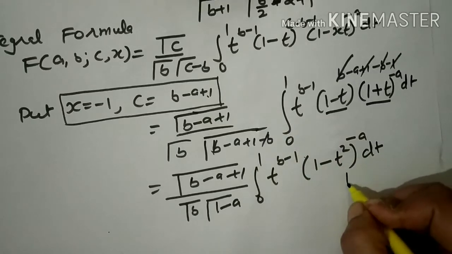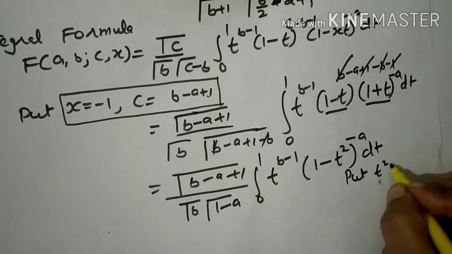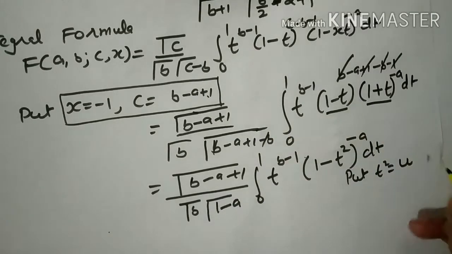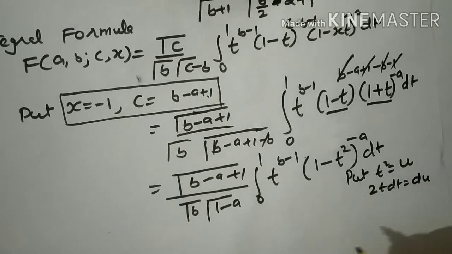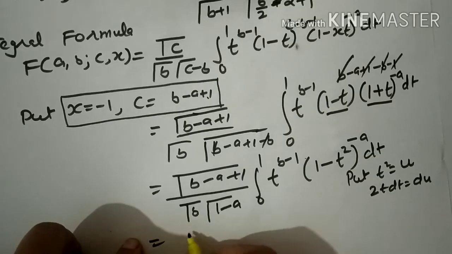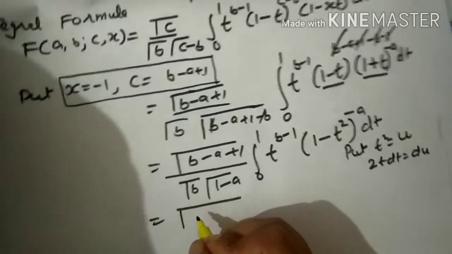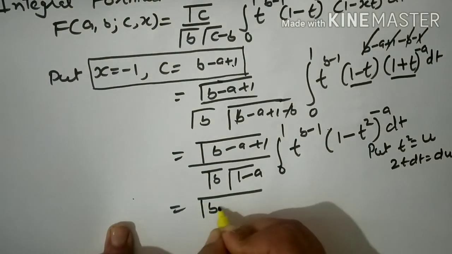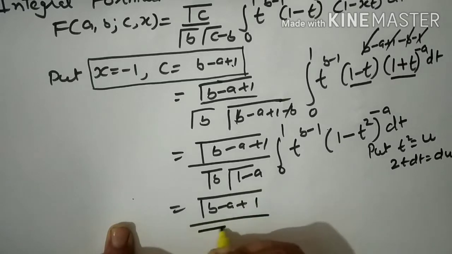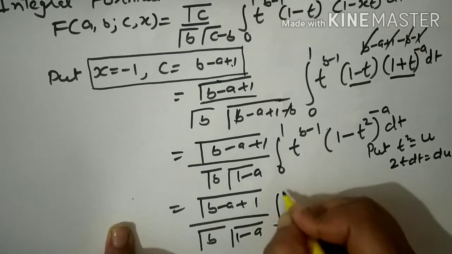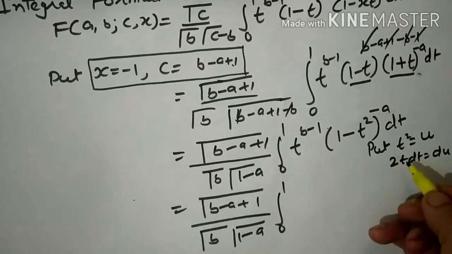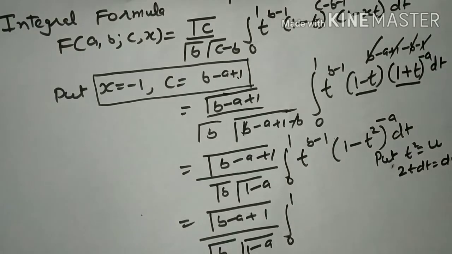Now in this integral we will put t squared is equal to some function, let it be u, then 2t dt will be du. So our question will become b minus a plus 1 upon gamma b gamma 1 minus a, integral 0 to 1.